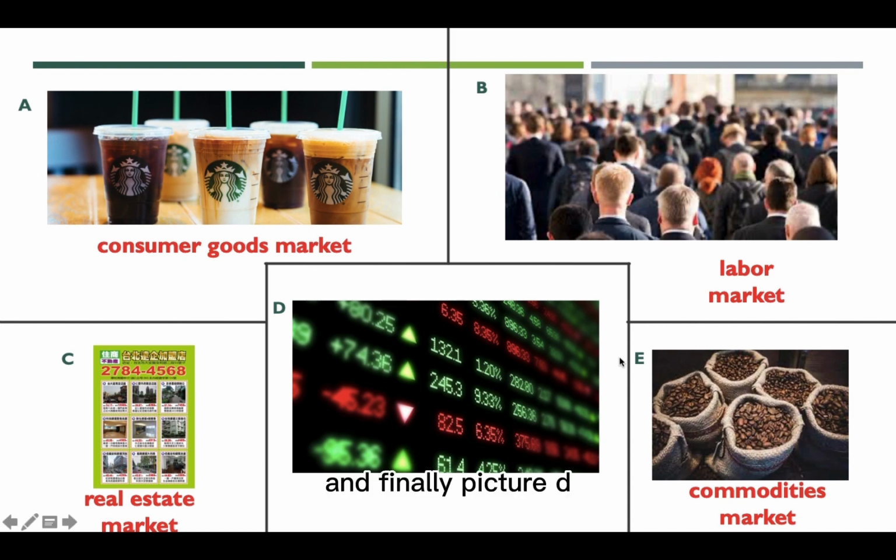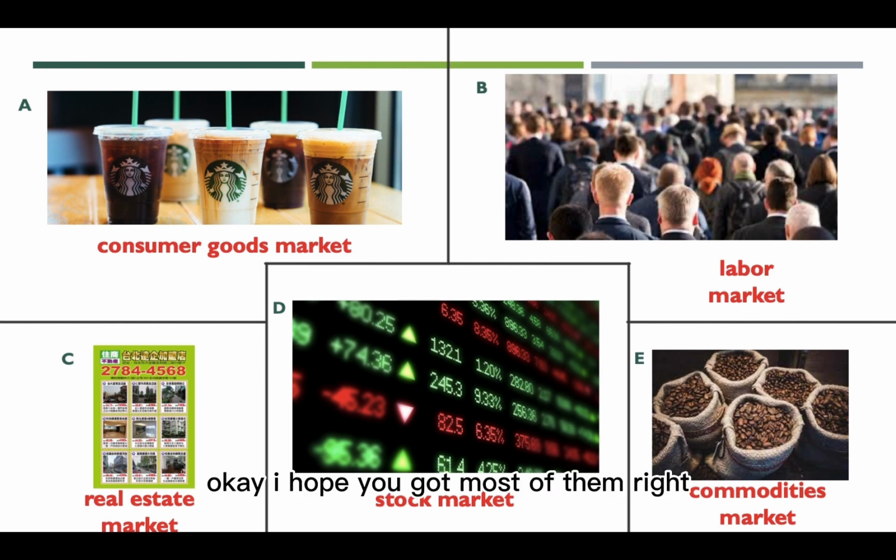And finally, picture D, you see a lot of statistics numbers going up and going down. This is quite a risky game to play. This is what we call a stock market. Okay, I hope you got most of them right. So these are the types of market you need to learn. Now let's move on.